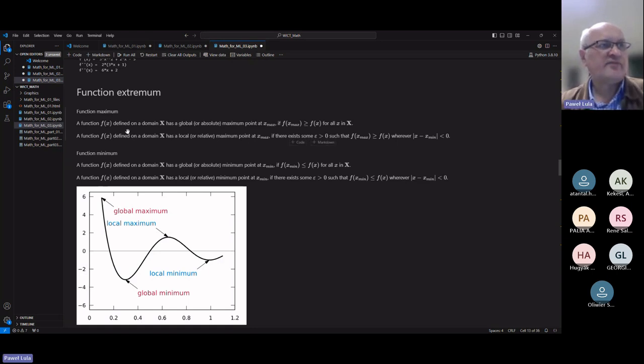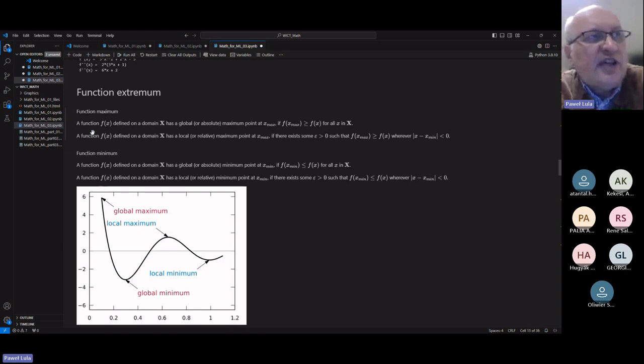Here we have a definition. A function f defined on a domain X. Domain, the word domain means a set of all values which we can use as x values, which we can use as parameters, as input values for this function.